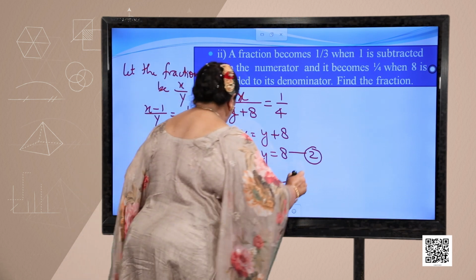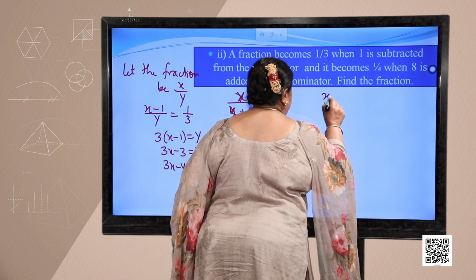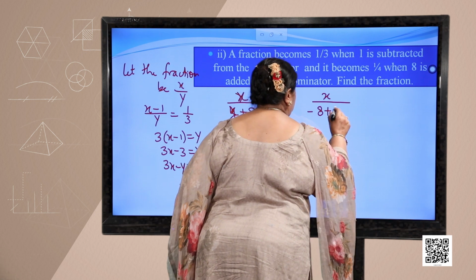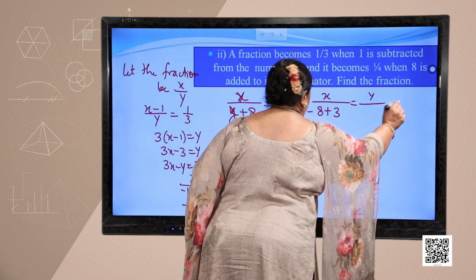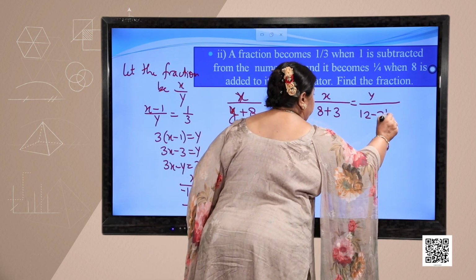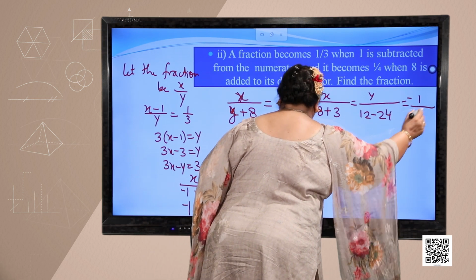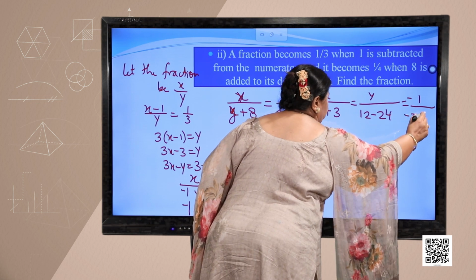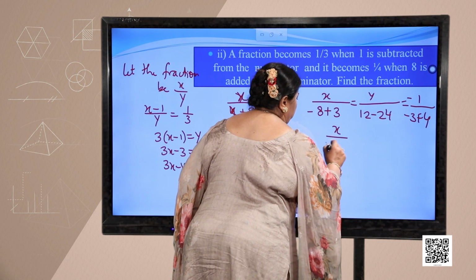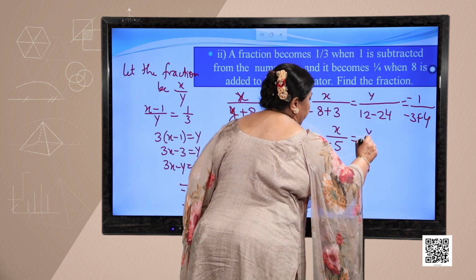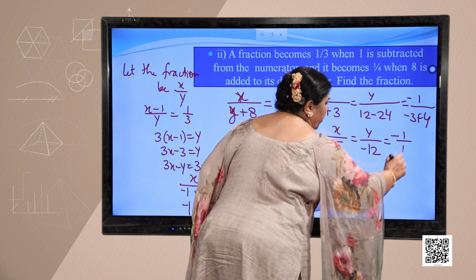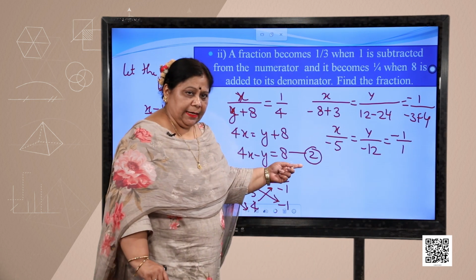So, we obtain x upon minus 8, minus gives me plus, is equal to y upon, here 4 3s are 12, minus 24, is equal to minus 1 upon minus 3 plus 4. So, x upon minus 5, y upon minus 12 is equal to minus 1 upon 1. I hope the steps are clear.